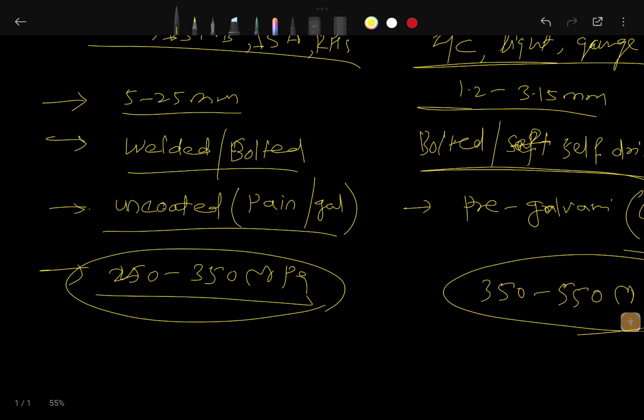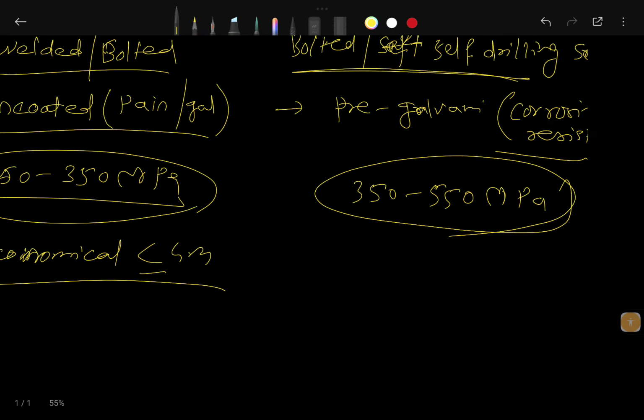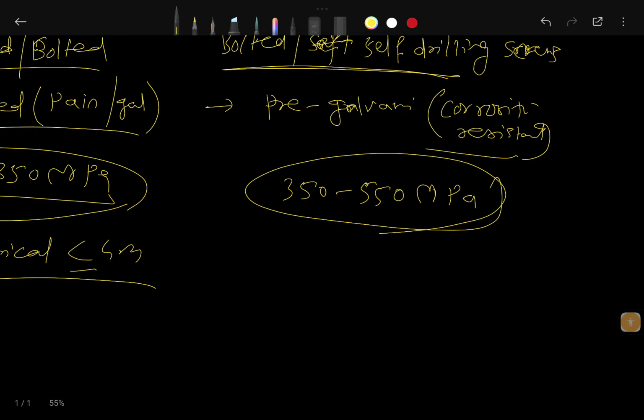Now there are very different points. This hot roll purlin we generally use economically for bay spacing less than or equal to 4 meter, and these are economical up to 7 to 8 meter.